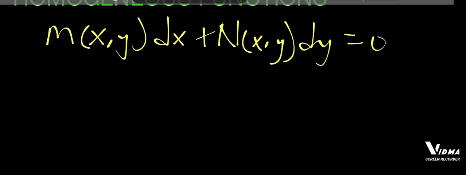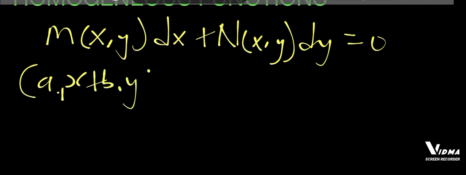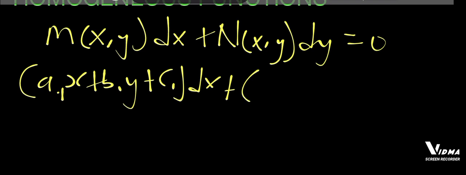So an example of linear coefficients will be, let's say I have (a1x plus b1y plus c1) dx. And I have a similar one for my N(x,y).